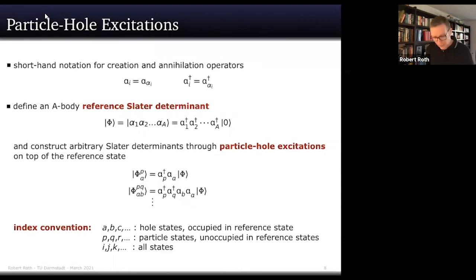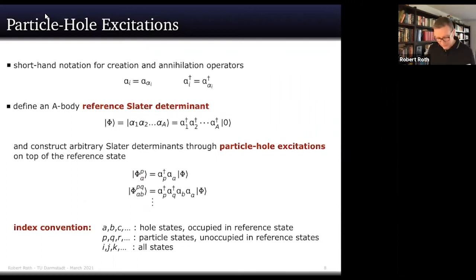Okay, that we had before. I have this compact notation now for these 1 particle 1 hole, 2 particle 2 hole excitations, which has the symbol for the reference state and then just the indices that you remove at the bottom, and the indices that you create new at the top.